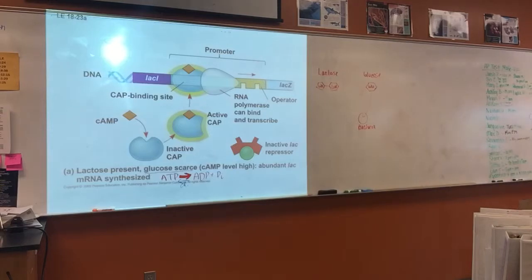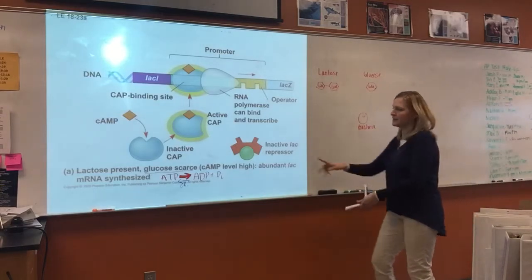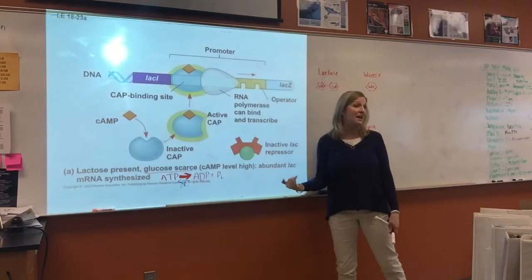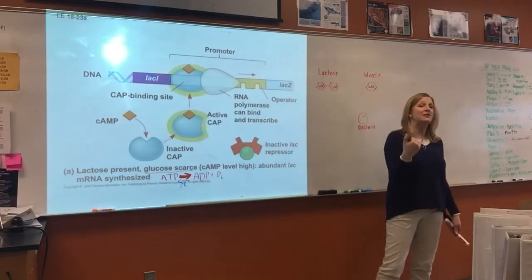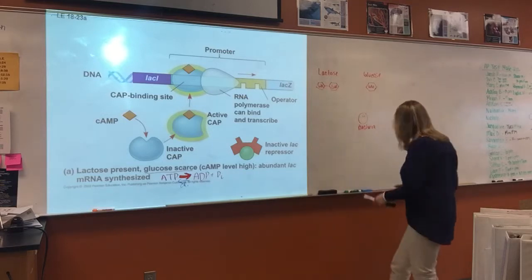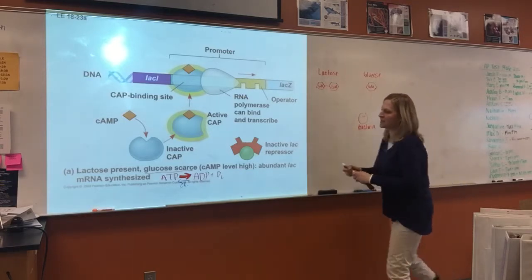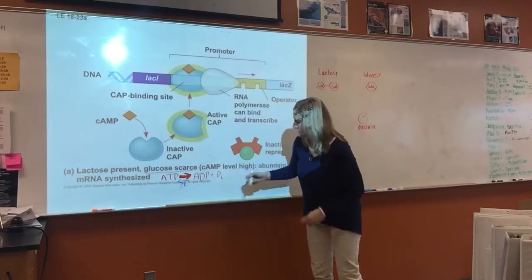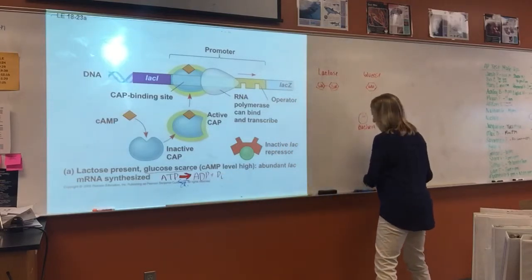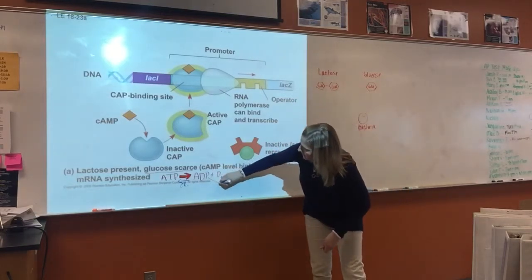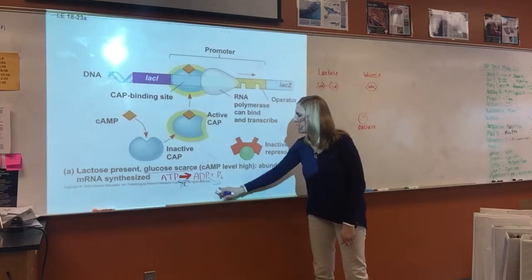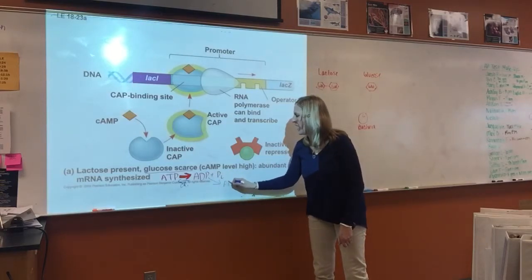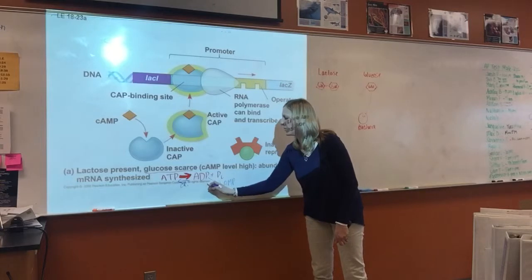So when a cell is in dire straits like that, it can take the ADP and further break it down for energy. If we further break down ADP, it can break down into AMP if there's no glucose present.